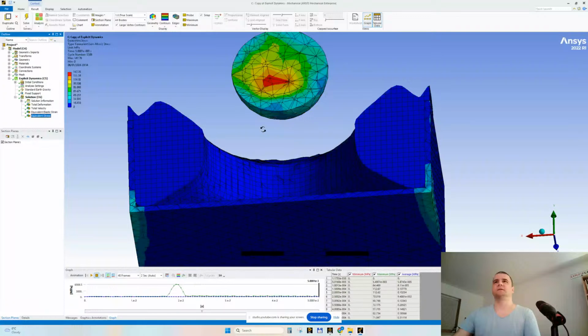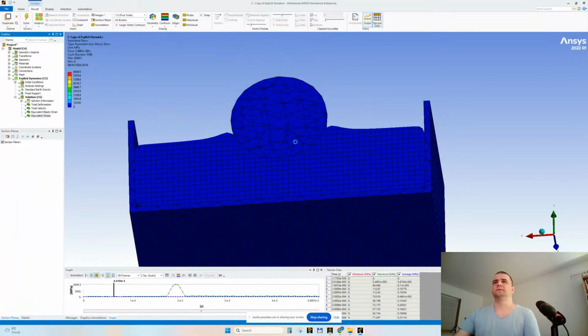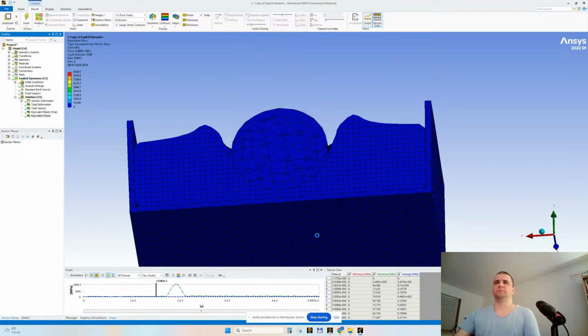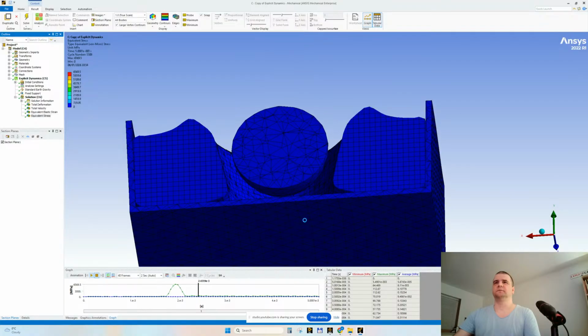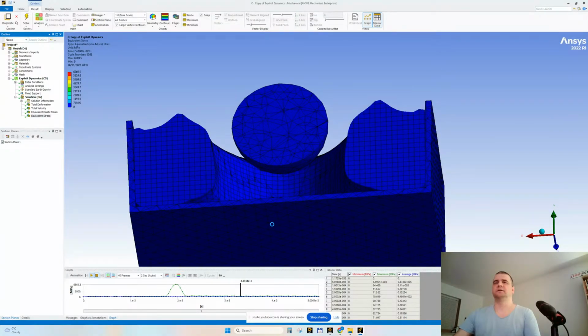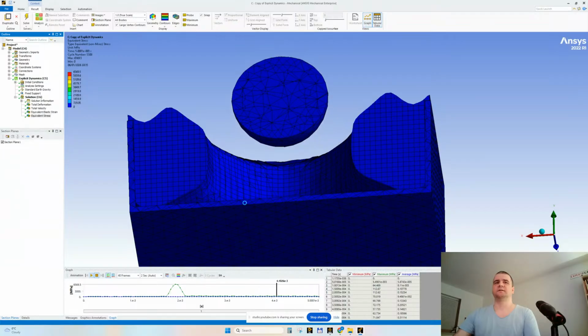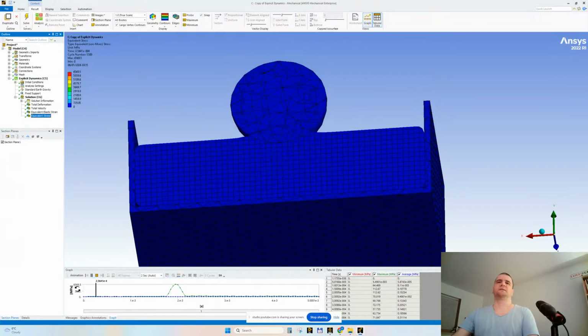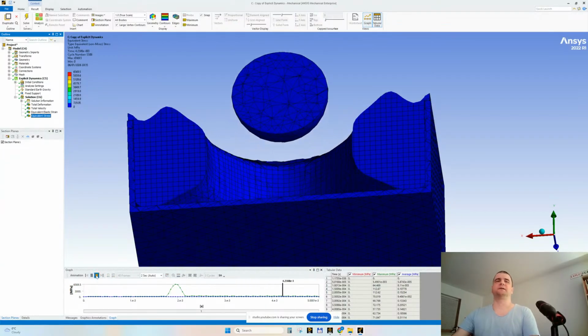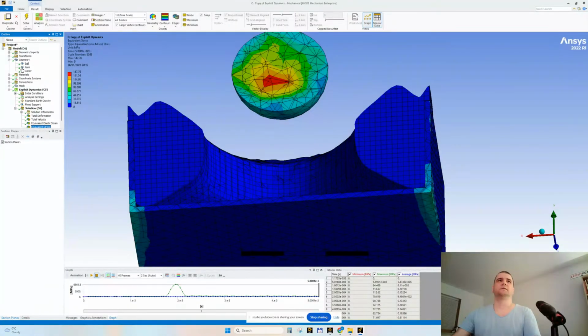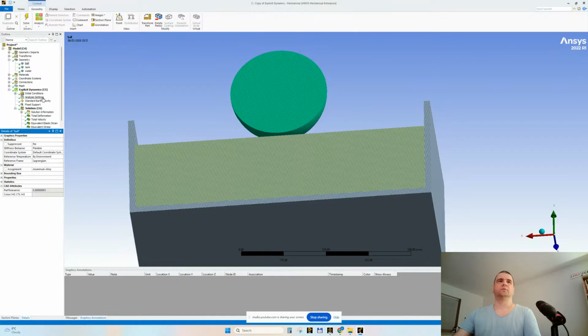Yes, stress in the sphere. I have fixed the bottom of the tank. Of course, the values for the stress are very high because I have left the default aluminum.